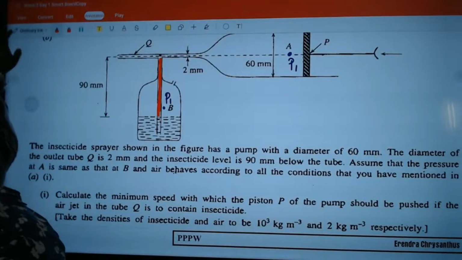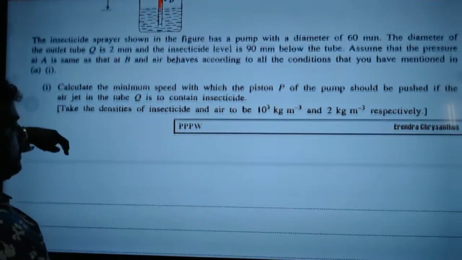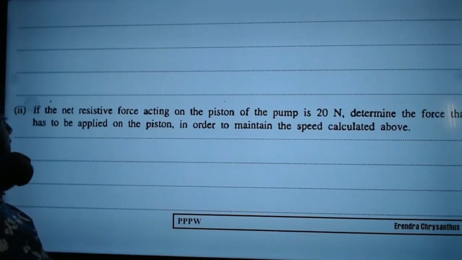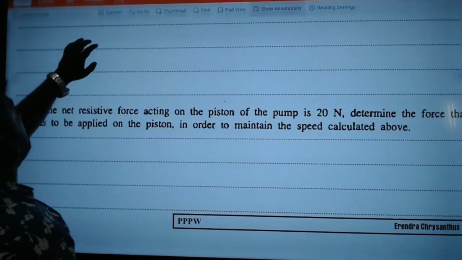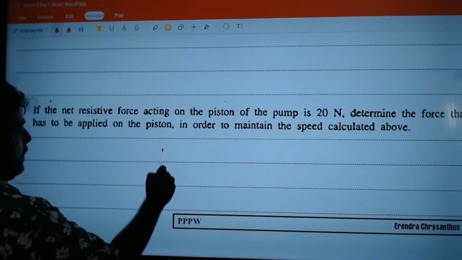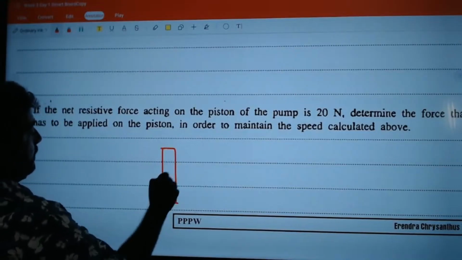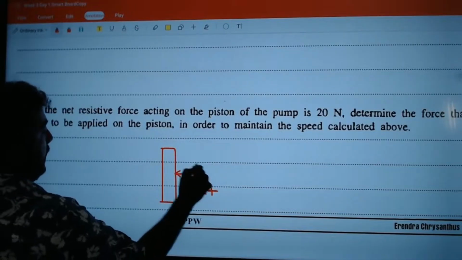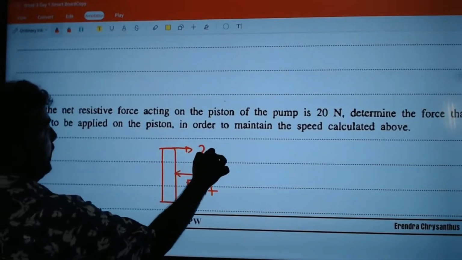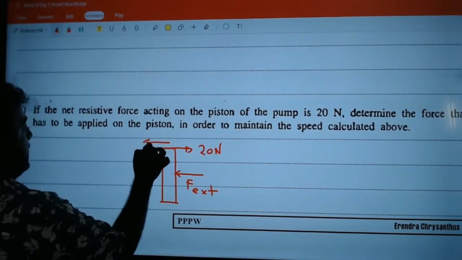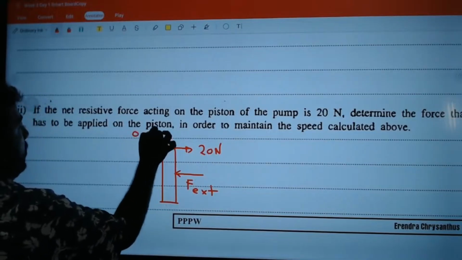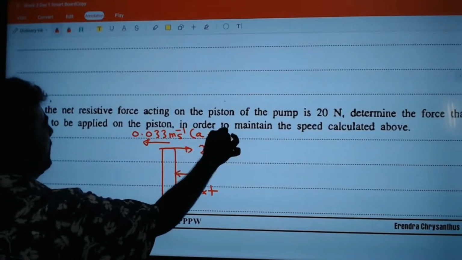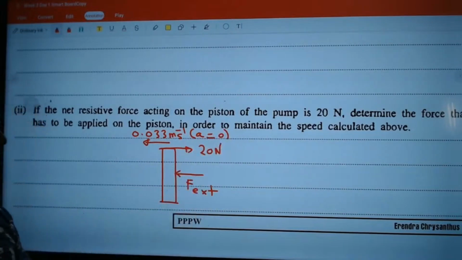Final question they are asking: if the net resistive force acting on the piston is 20 Newton and it is traveling with constant velocity, what is the applied force?